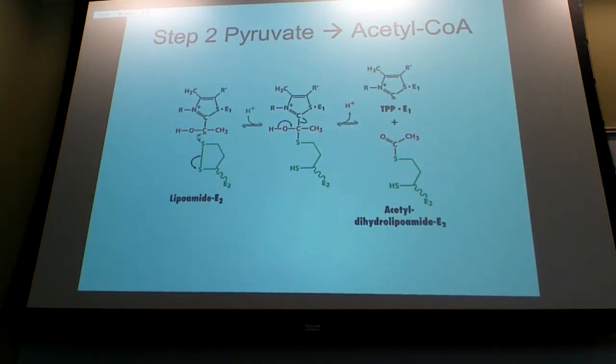But this is the hydroxyethyl group in red that came from my pyruvate, is now attached to the cofactor on enzyme 1. And basically, we're going to just transfer the hydroxyethyl group to this little disulfide thing by breaking that disulfide bond. So I end up with the reduced sulfur there. And I've got a little rearrangement going on. But then I'm left with the acetyl group, and I've released my E1 at that point. So it's my acetyl dihydrolipoamide.